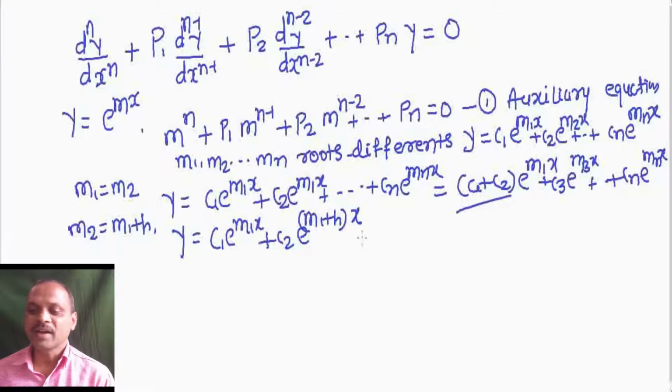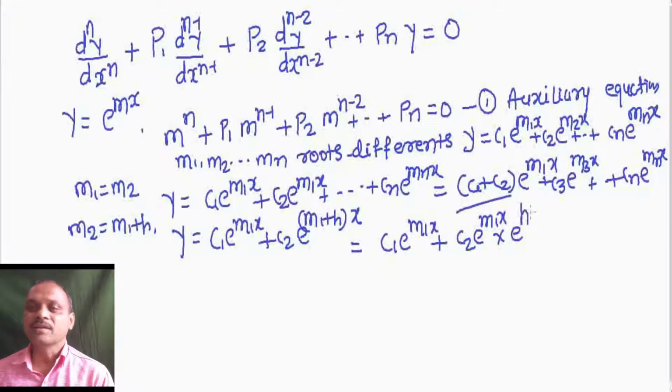We can write it as c1 e^(m1x) + c2 e^(m1x) e^(hx), taking e^(m1x) common, equal to e^(m1x) (c1 + c2 e^(hx)).